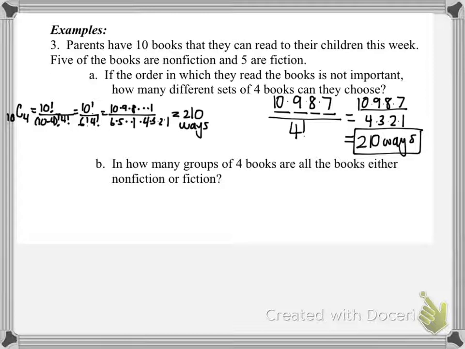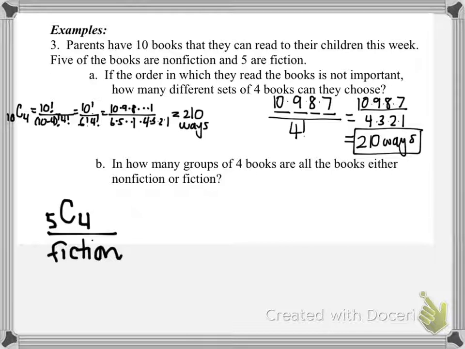So the next one's a little tricky. They're asking how many ways you can pick all nonfiction, so all 4 books nonfiction, or all books that are fiction. If we deal with the situation where you pick 4 books and they're all nonfiction, we could write it as 5C4, because there's 5 books to choose from for nonfiction, and you only want to pick 4 of those.